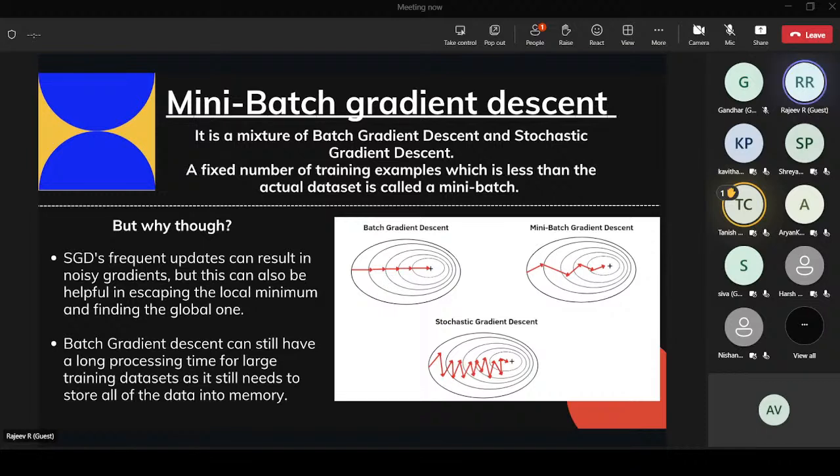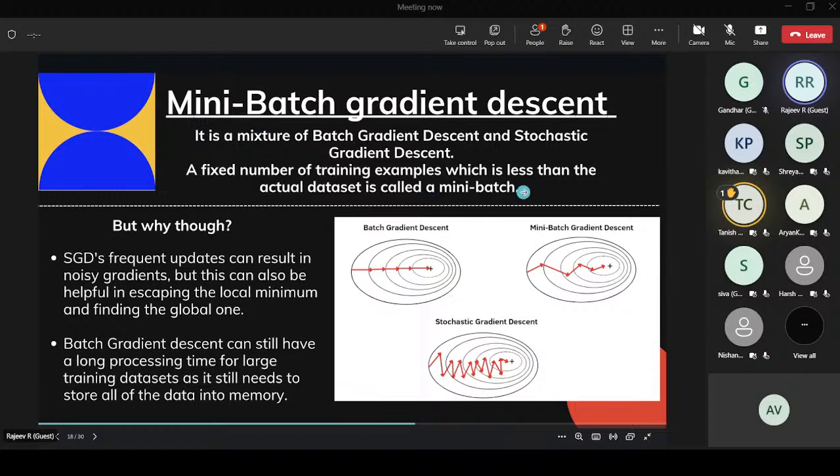You divide your data set into a set of smaller batches, and for each of those smaller batches, you compute the gradient and change your variable after each of those iterations. So this is a good in between of both batch gradient descent and stochastic gradient descent.